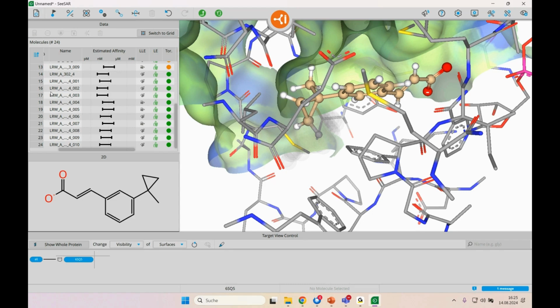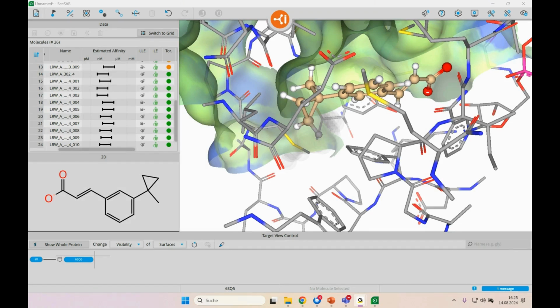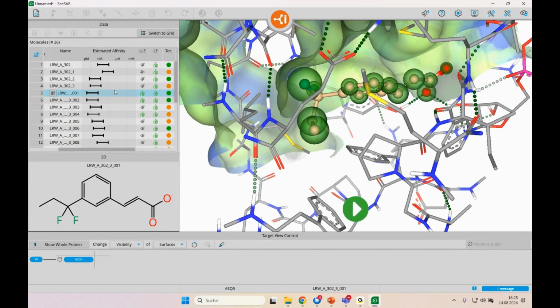Yeah. So let's do another look. We have a question. The question is if there's a strategy to improve the LE properties of a molecule. So basically, how do you improve this one? And the only solution to this is actually to improve the estimated affinity. So our software calculates or estimates the delta G values, so the estimated binding affinity of a compound.